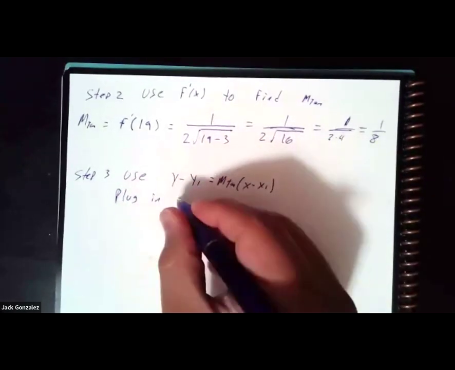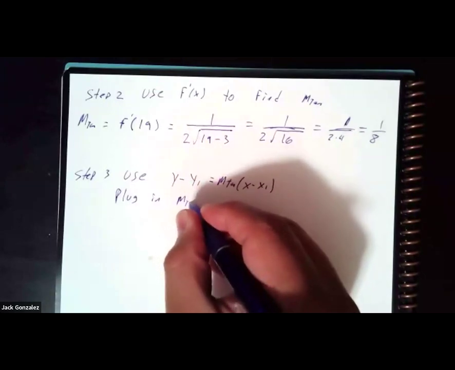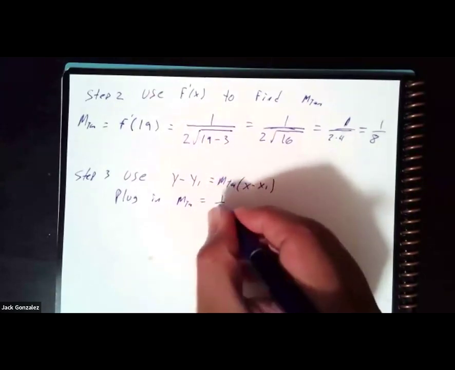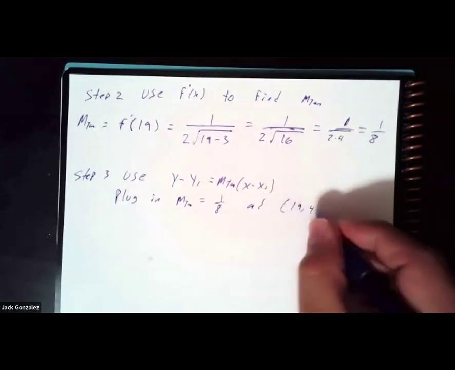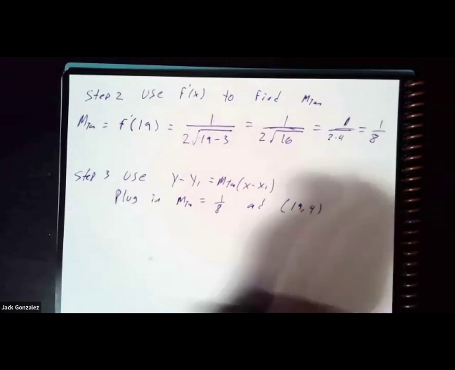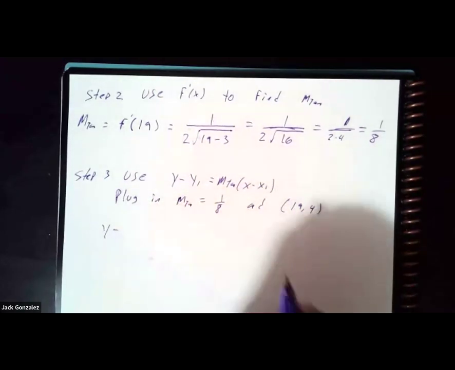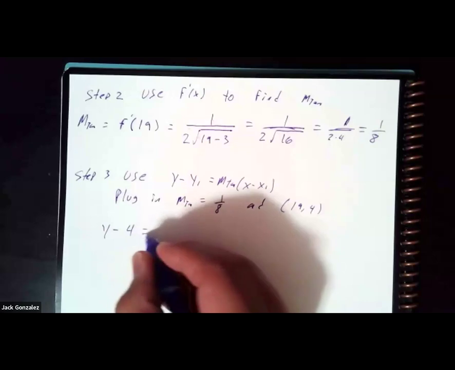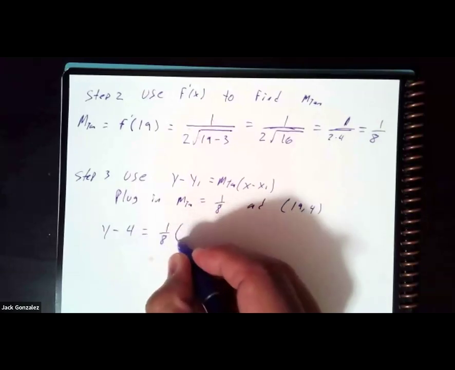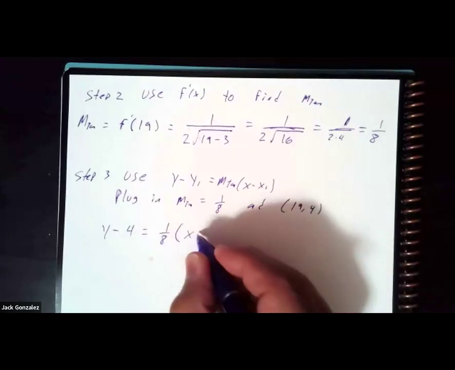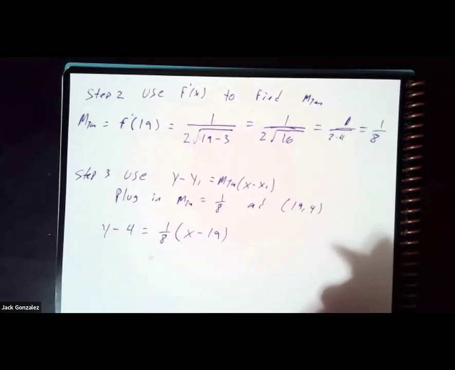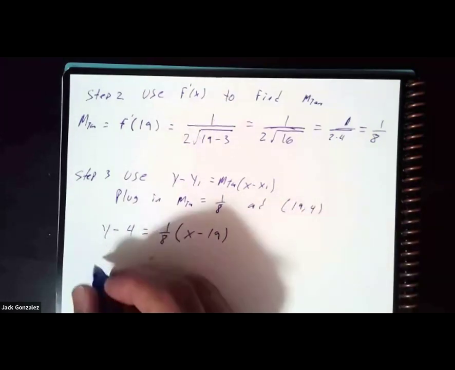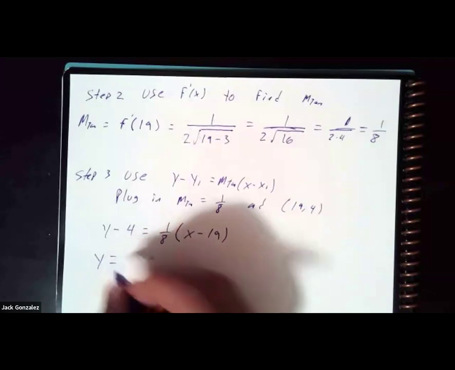So basically plug in m tangent equal to 1 over 8 and the point 19 comma 4. You're going to get y minus 4 equal to 1/8 times x minus 19. So solve for y and you'll have the equation they're asking for of the tangent line.